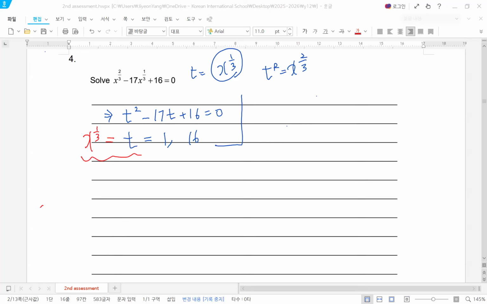So x^(1/3) is either 1 or 16. Then to find the value of x, you need to leave x alone, right? So you need to cube each side. So x equals 1 here. You need to cube each side. Then you can find the value of x as 4096, I think.